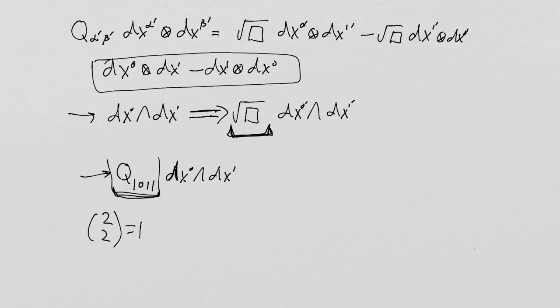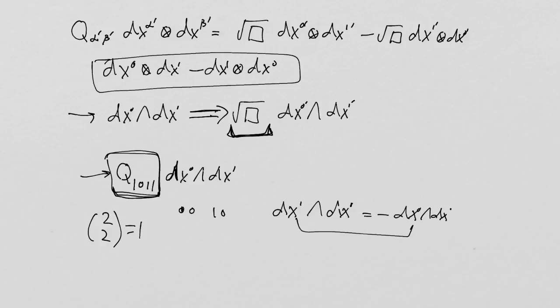Here we can only have 1 component, by the way. It's not like we're missing the 1, 0 version. In strict components, there is no 1, 0. If we had a 1, 0 component, it would be on top of a dx1 wedge dx0, but that just equals minus dx0 wedge dx1. So these aren't linearly independent basis vectors. If I had a 1, 0, I would just flip this around, change the sign, and add it to that, and I would be back with 1 component again. So that's really important to understand. We're dealing with 1 dimension here.